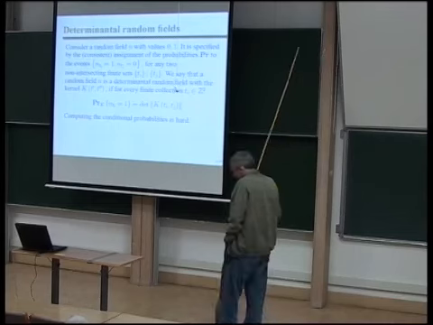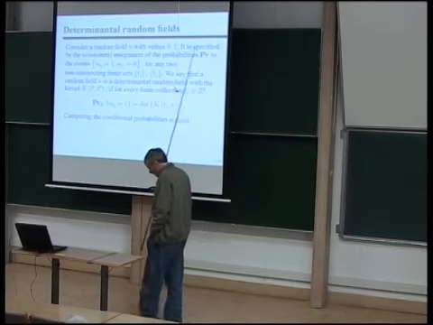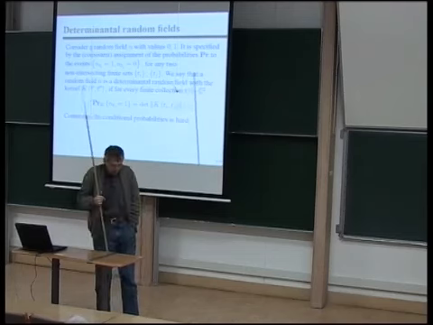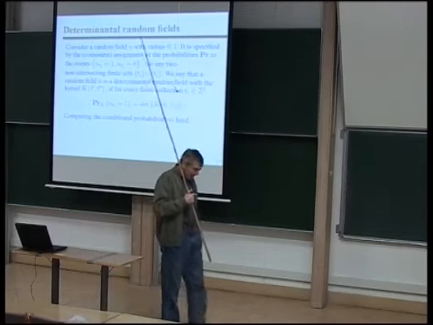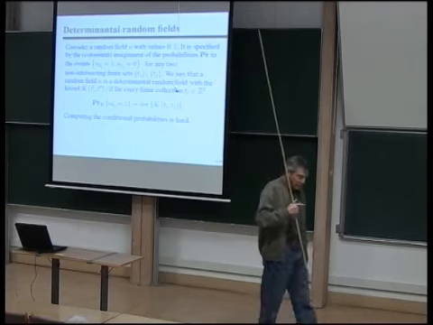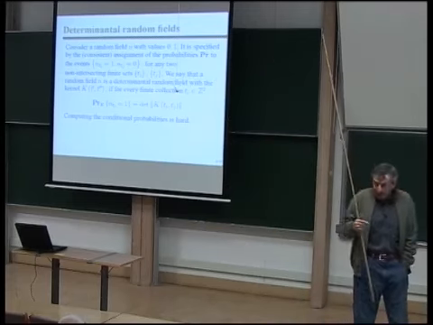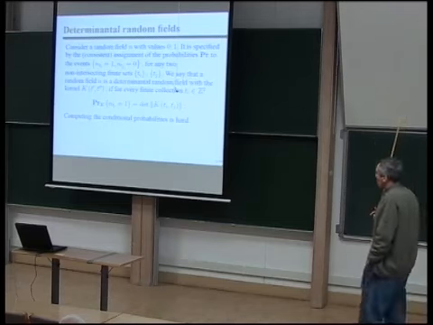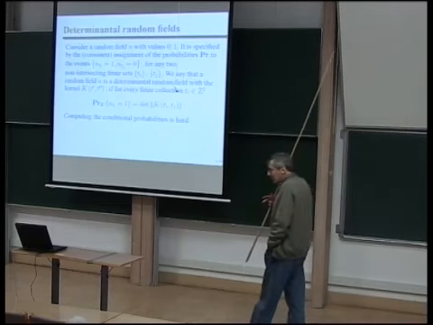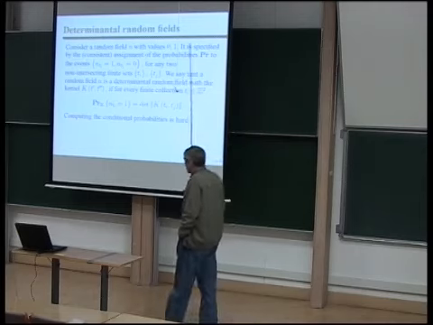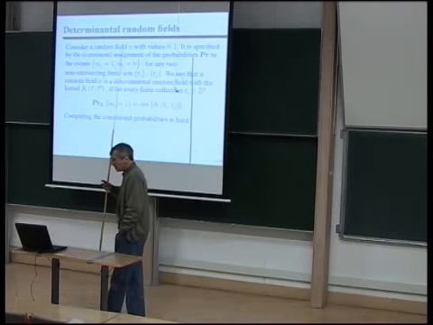You find many of those in random matrix theory, as one-dimensional random determinantal processes. I'm going to talk about two-dimensional lattice determinantal processes, but such objects also exist.